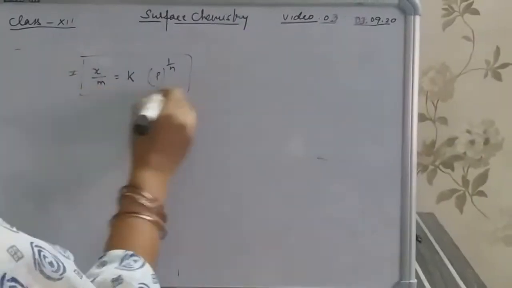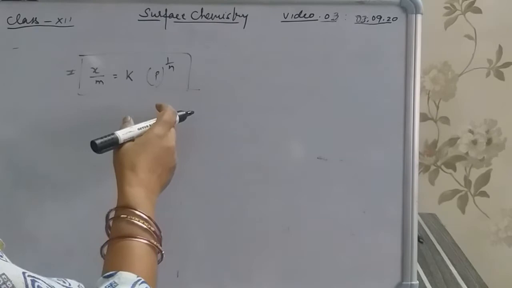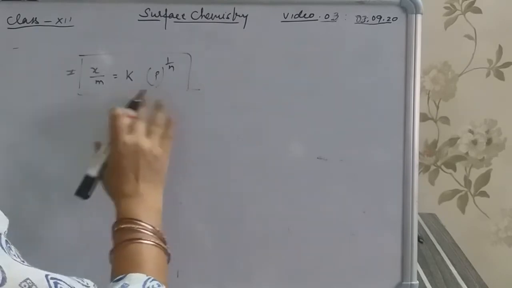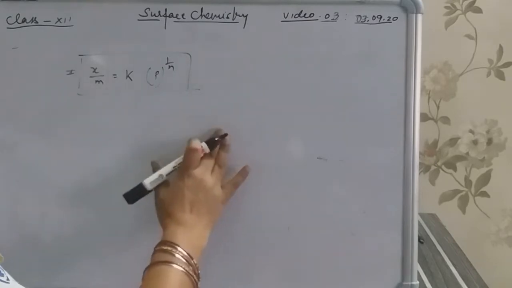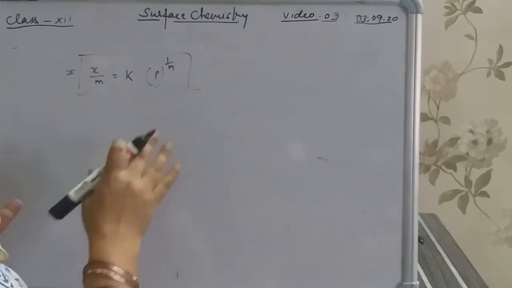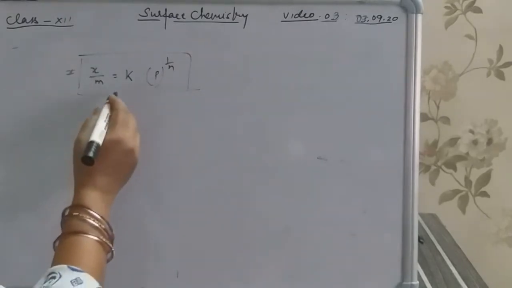So Freundlich performed an experiment. By this equation, x by m equals k times pressure to the power 1 by n. Freundlich performed the experiment by changing the pressure and noted down the amount of gas adsorbed on the solid. On the basis of this experiment, he plotted a graph.